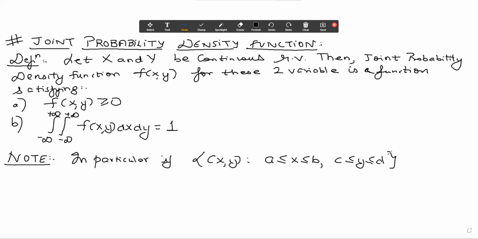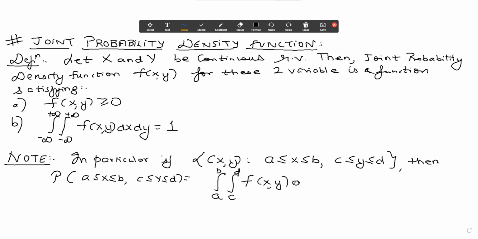Then the probability of x lying between a and b, y lying between c and d, where x and y are continuous random variables, is integral x going from a to b, integral y going from c to d, f of xy dx dy.